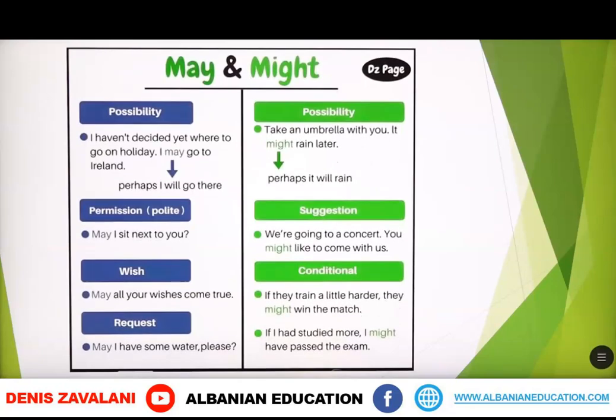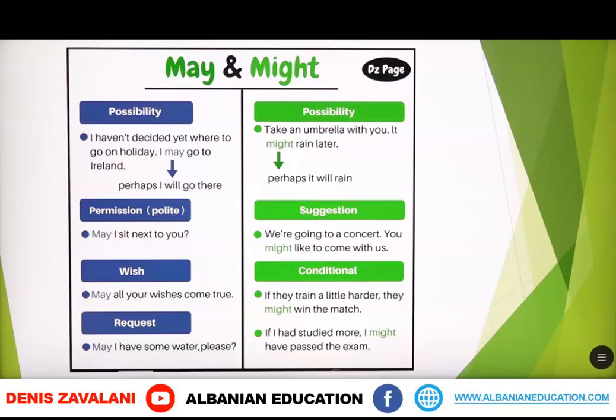Now we're going to continue with the modal verbs may and might. As we said earlier, these verbs express prediction, as we've got on the table shown here. So first, it expresses possibilities, as we said, predictions.